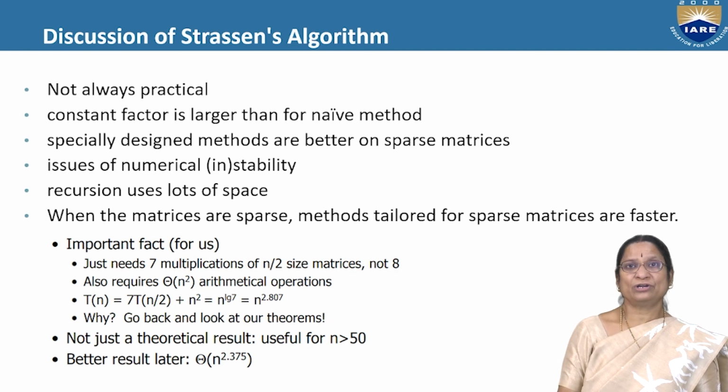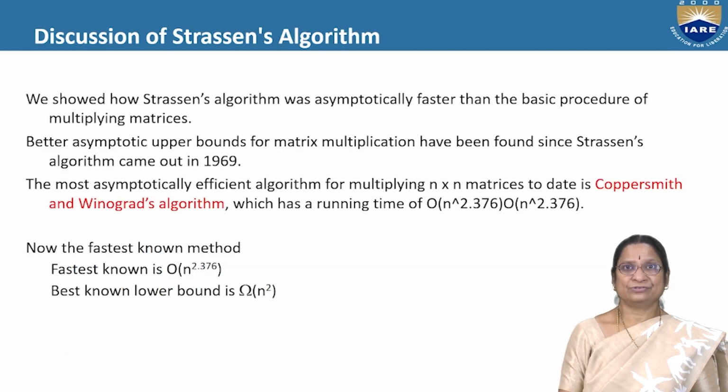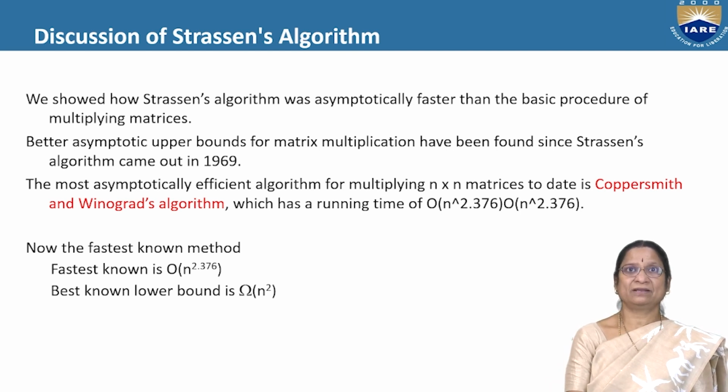So almost 0.5 was reduced in the power. That means the algorithm is asymptotically faster than the basic procedure of multiplying matrices. We are using asymptotically, which means as n is growing, it is faster compared with our normal matrix multiplication.